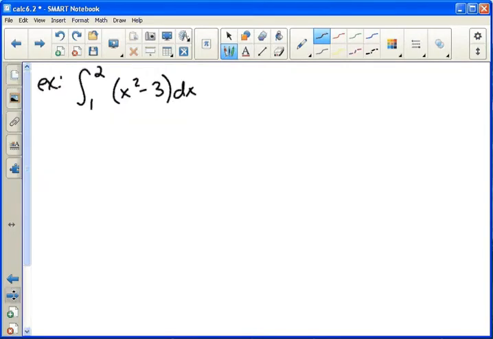Let's look at this example, the integral from 1 to 2 of x squared minus 3. First step, like I said, is to take the antiderivative. So the antiderivative of x squared minus 3 would be 1/3 x cubed minus 3x. And then we're going from 1 to 2.